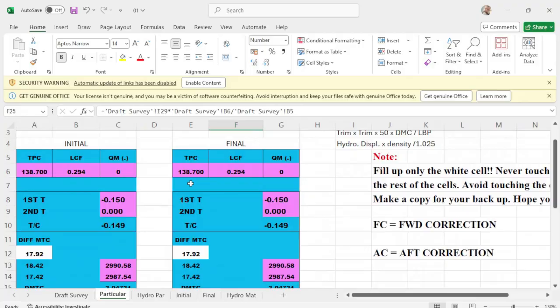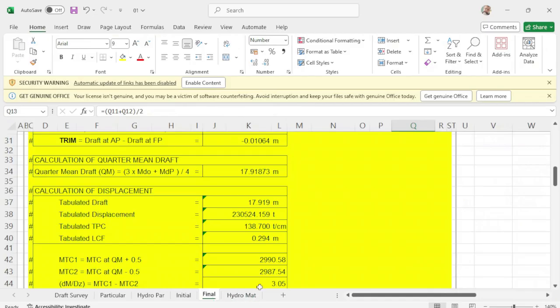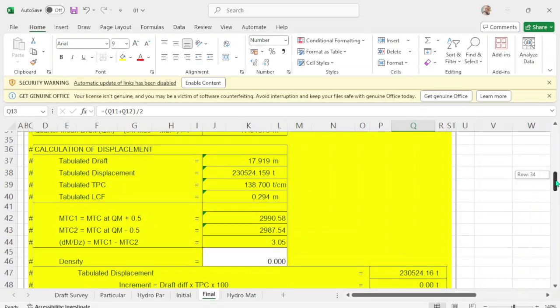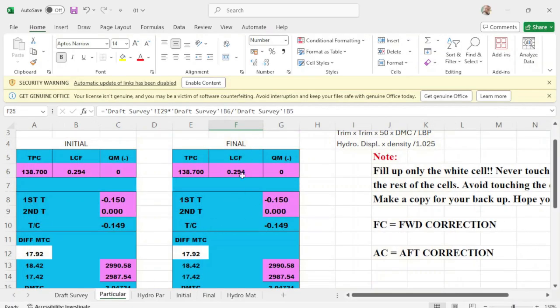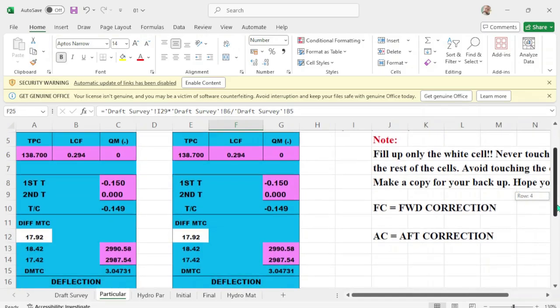TPC is 1387, LCF is 0.294, okay? And your difference of MTC is 305. This is your final. MTC difference is 305 or run off.